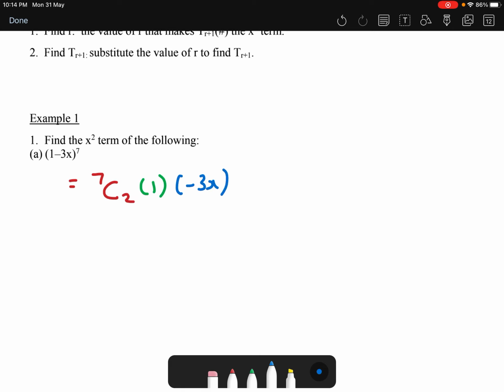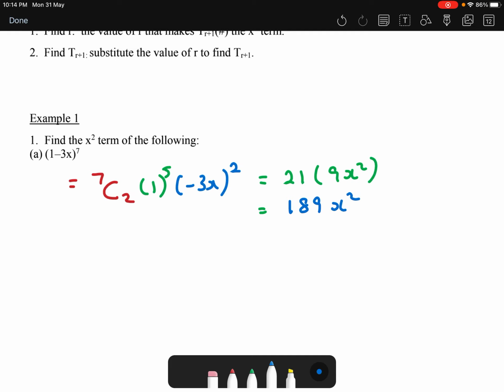The blue bracket is just the 2 right here, and the 1 is 7 minus 2, which is 5. If we calculate 7 choose 2, it is 21. So 21 multiplied by 9x squared, and you should get 189x squared.